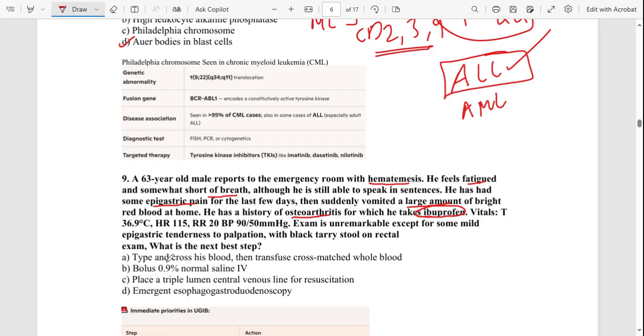So what is the next best step? Type and crossmatch blood, then transfuse. Bolus 0.9% normal saline IV. Place a triple lumen central venous line for resuscitation. Emergency esophagogastroduodenoscopy. Any thought on this one?